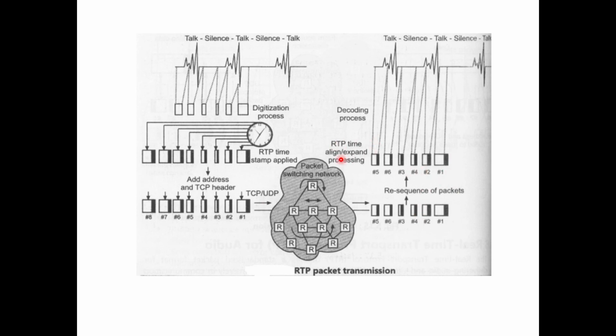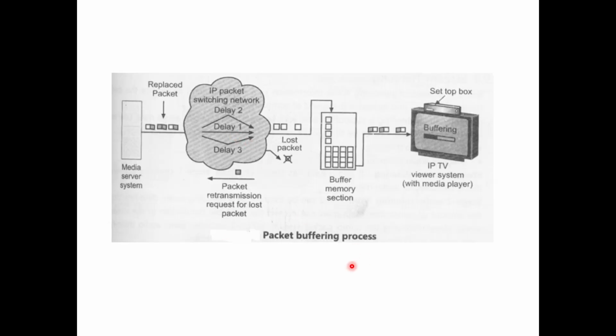Then real time aligning and expand processing is there, which handles how the decoding will take place. So talk, silence, whatever audio I have transmitted, the same will be received here. Now the packet buffering process. If you see here your media server system, here you are having the IP packet switching network. Now here is the buffer memory section.